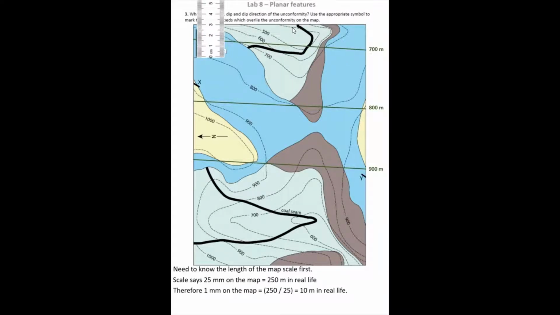When we get our ruler up to the scale bar, we see that 25 millimeters on the map is equal to 250 meters in real life. So 1 millimeter on the map is 250 divided by 25, which tells us that 1 millimeter on the map is equal to 10 meters in real life.